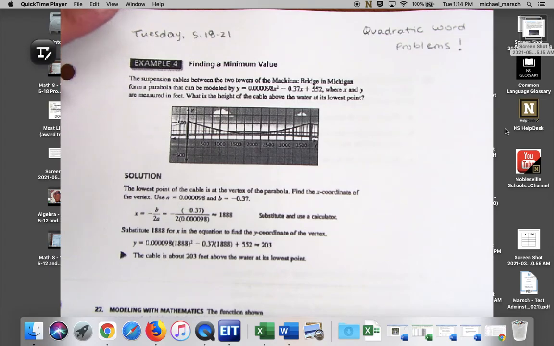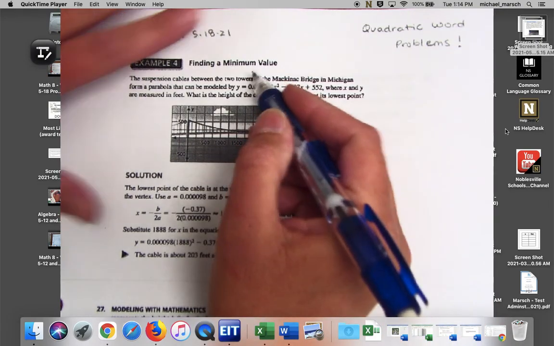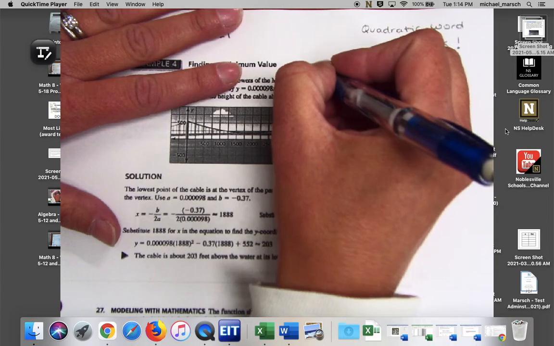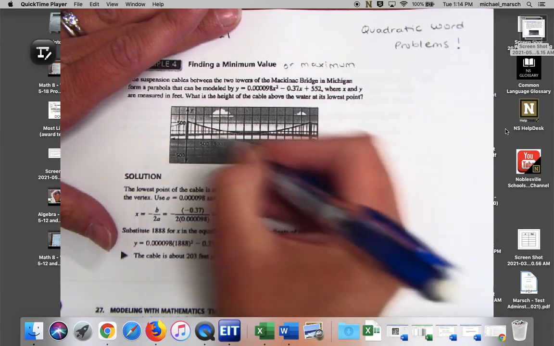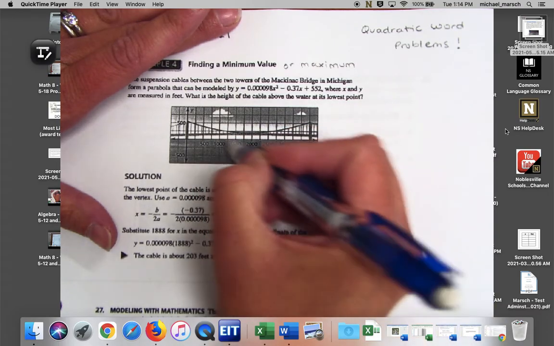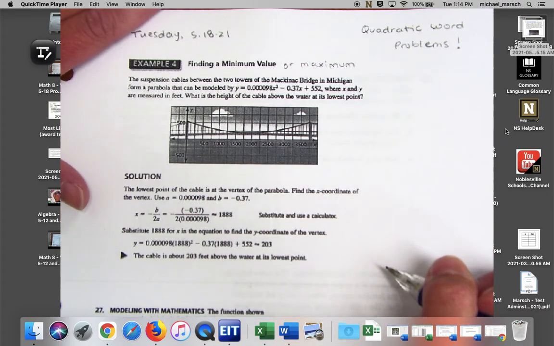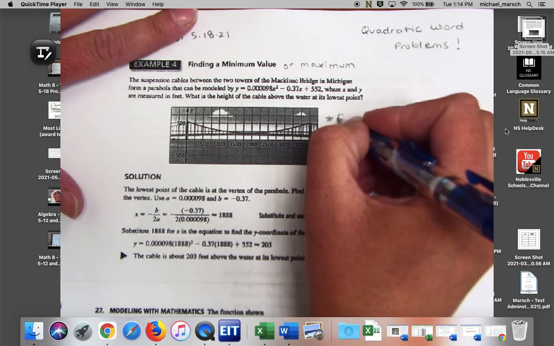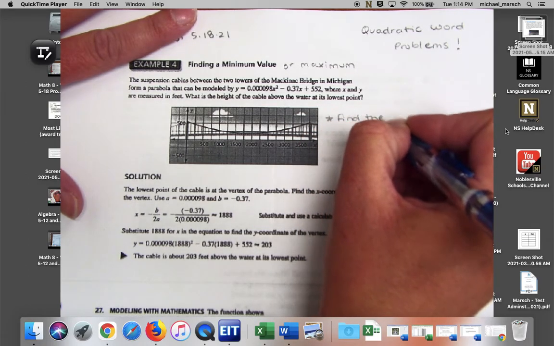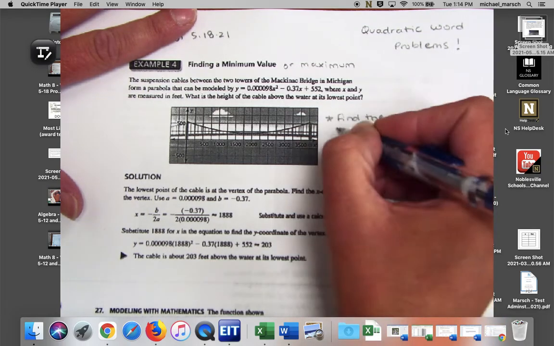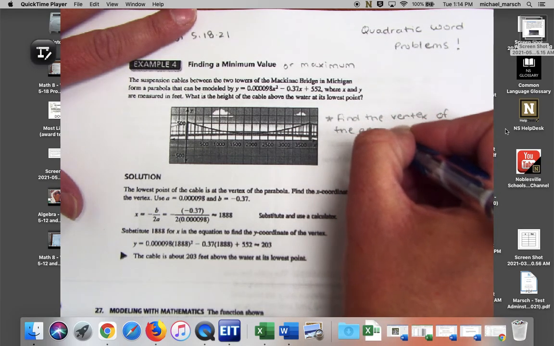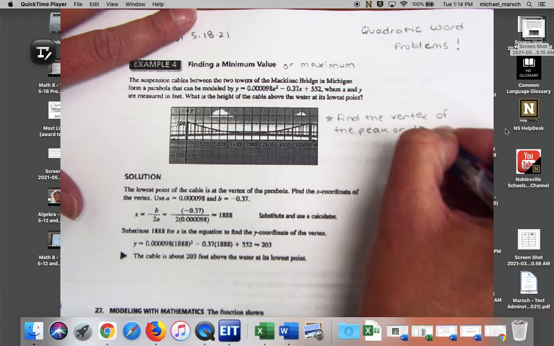By peak, I mean like if it goes up, it's a maximum. If it curves down, it's a minimum. Okay, so up here it says find minimum value. I need you to write or maximum, because it's the same strategy. This just happens to be a minimum because it's a dip. So what that means is we're going to find the vertex of the peak or the dip.